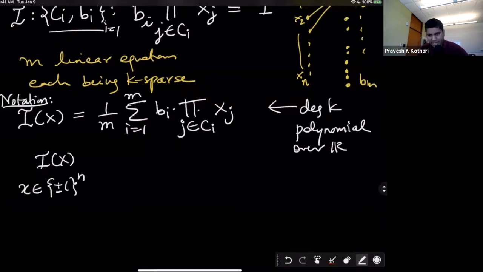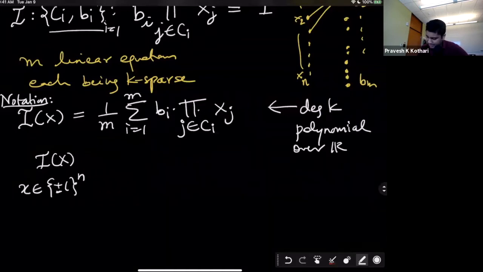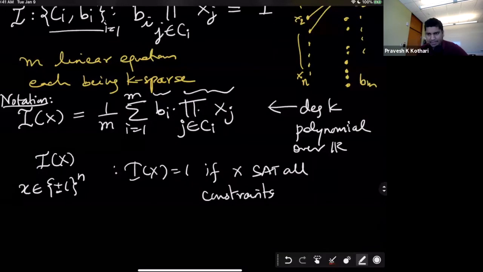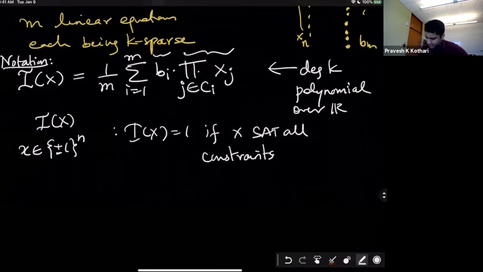So what happens to I of x? Well, if x satisfies all the constraints, then for every constraint, this product will equal bi. So bi times this product would actually equal 1. So I'm adding m 1s and averaging over them. So I of x, in fact, is 1 if x satisfies all constraints. And if x violates all the constraints, then in fact I of x is minus 1.